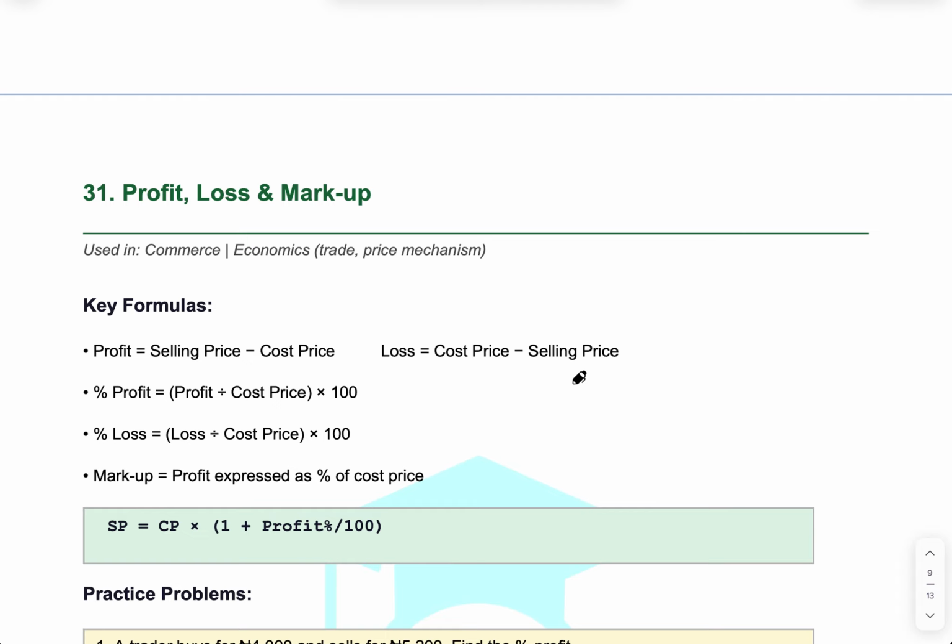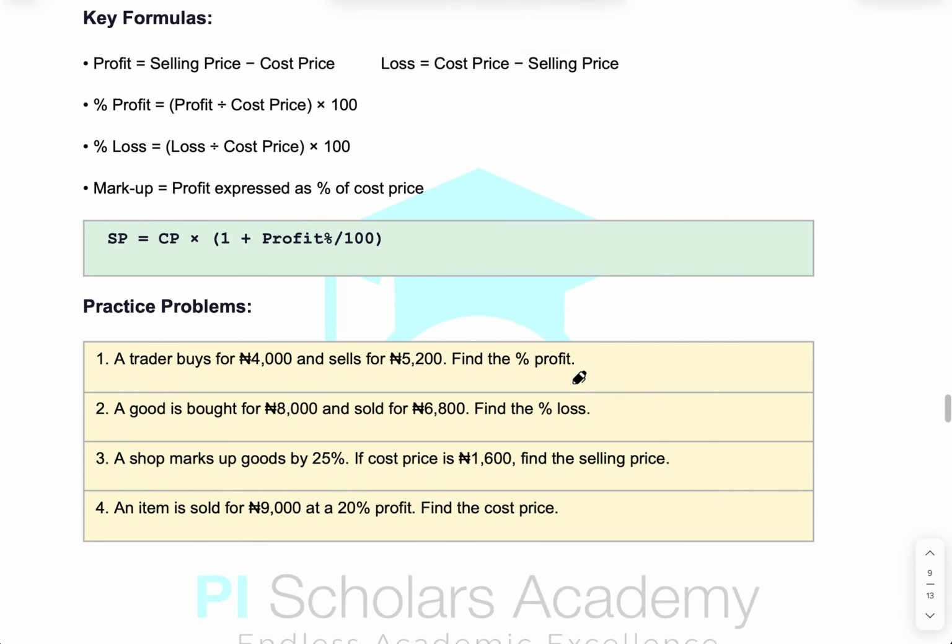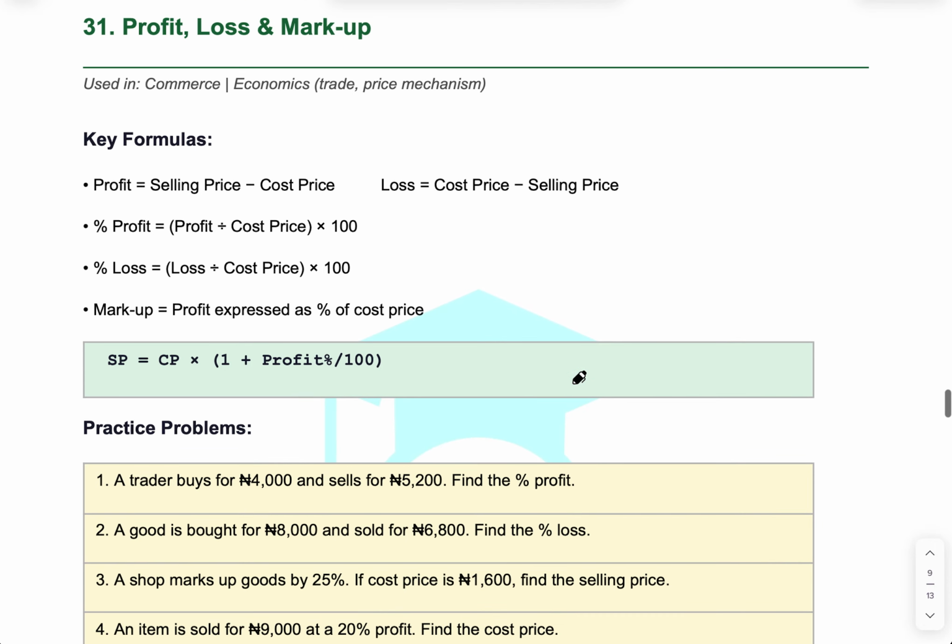Now, let us go to profit and loss. For the profit and loss part, we have profit equals selling price minus cost price. I've already explained how you do the percentage and everything. Profit means selling price minus cost price, and loss is cost price minus selling price.